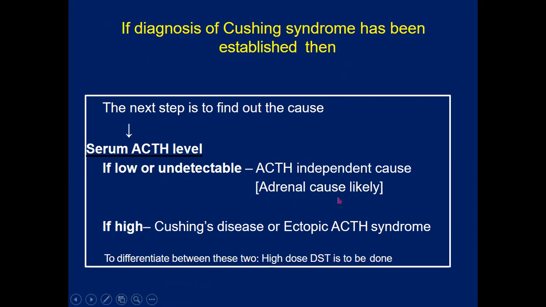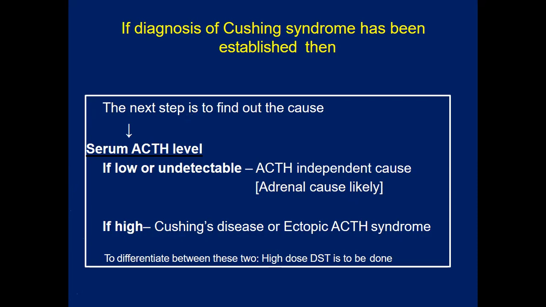More likely, it can be adenoma or some malignancy in the adrenal gland. If high, then Cushing disease or ectopic ACTH syndrome. This is very important to appreciate and interpret that serum ACTH level is the second blood test, which is used for the diagnosis of Cushing syndrome cause.